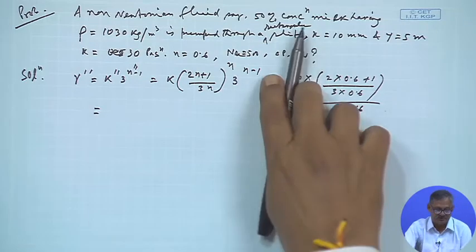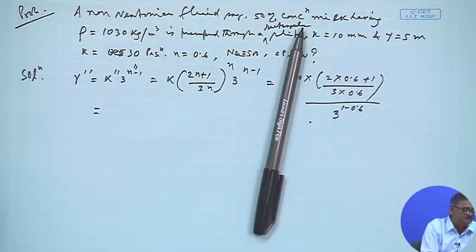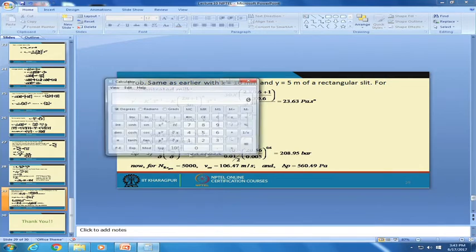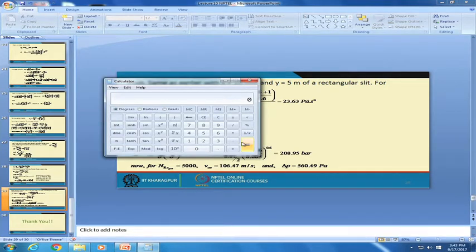So this comes to, let us look into the calculator: 2 into 0.6 plus 1, divided by 3 into 0.6, divided by 3 to the power 1 minus 0.6, that is 0.4.